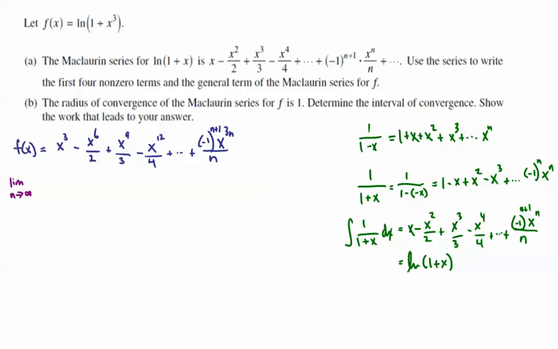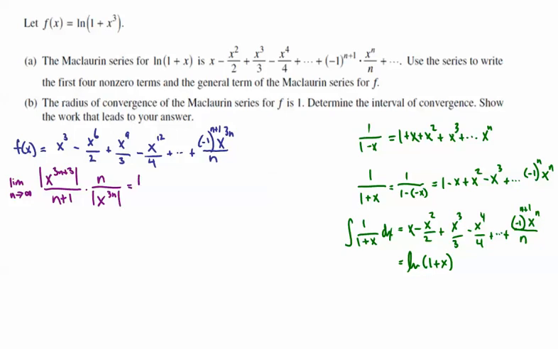Actually, we don't need the negative 1 there, so it's x, and it's not x to the 3n plus 1. You have to remember it's x to the 3 times n plus 1, or x to the 3n plus 3. Absolute value over n plus 1 times the reciprocal of the n term, and that would be n over absolute value of x to the 3n.